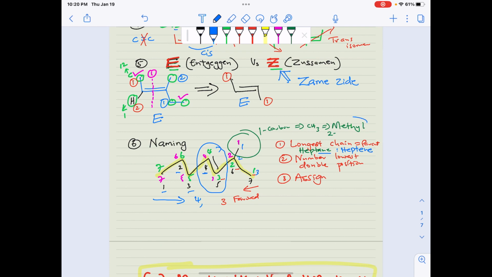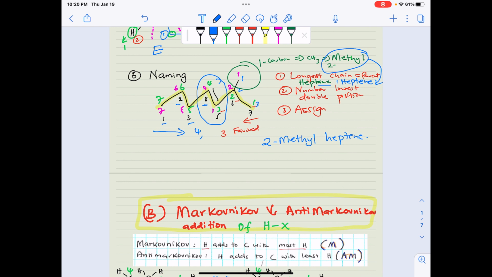So we put them together, the side group plus the parent name, and therefore the name for this compound will be 2-methylheptene. If you have several side groups, then you need to indicate the position and say how many of those groups are there. So let me just give you a quick example.